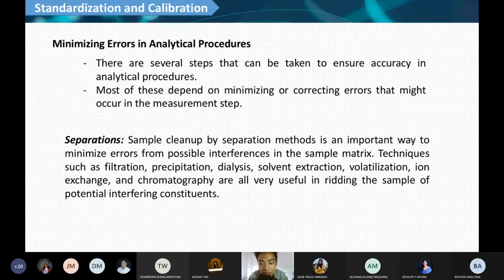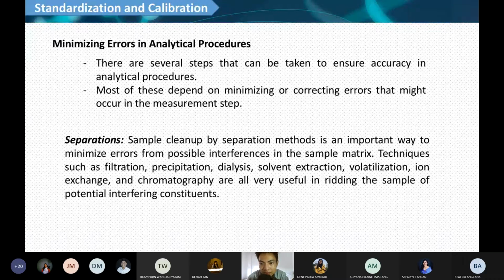Another example would be my Ilog Pasig experience. When we are analyzing Ilog Pasig water, your sample usually contains dirt from the river. Sometimes it may have plastic material in there.